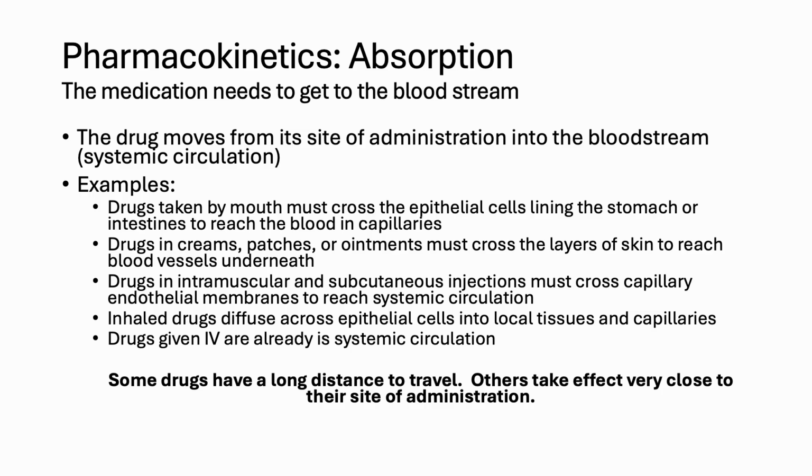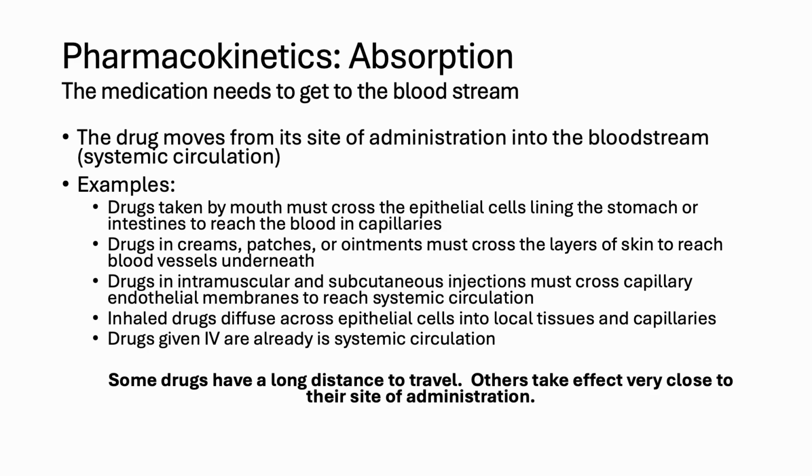When you take topical medications, so anything that goes on the skin, creams, patches, ointments, they have to cross layers of skin to get into blood vessels, so they're absorbed that way. When you inject medications into the muscle or into the subcutaneous tissue, they have to cross endothelial membranes to reach systemic circulation.